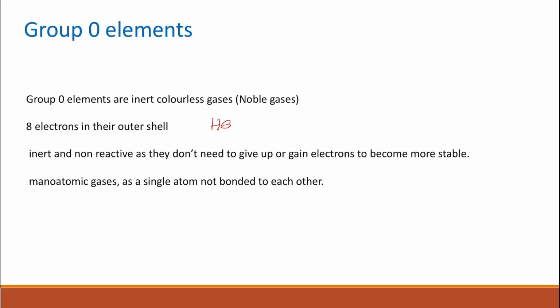They are inert and non-reactive, as they don't need to give up or to gain electrons to become more stable. Because what happens is that a complete or full outer shell confers stability to the elements.